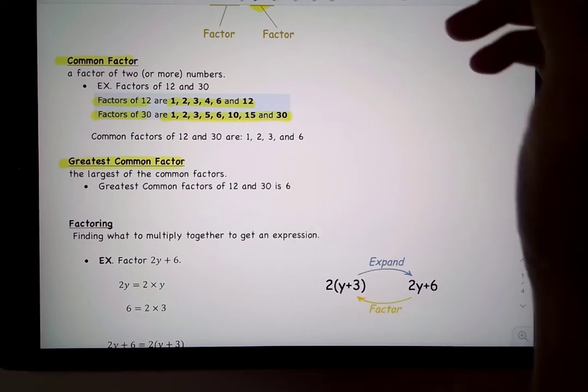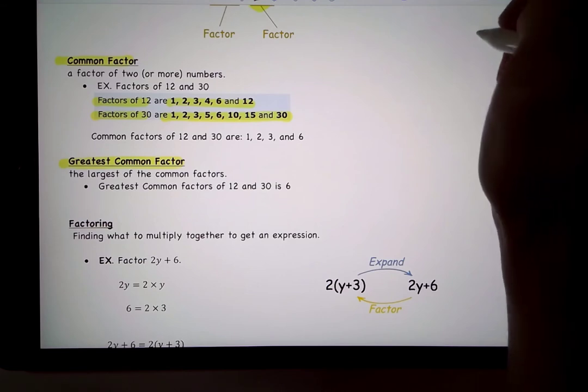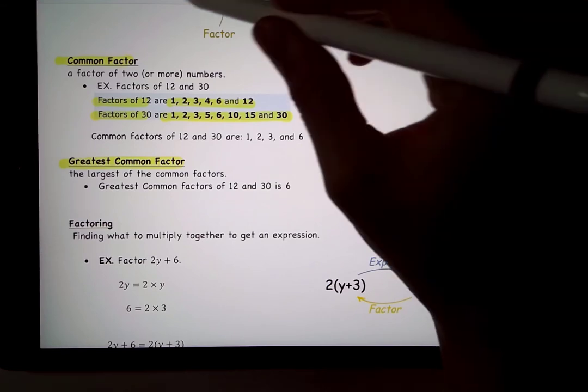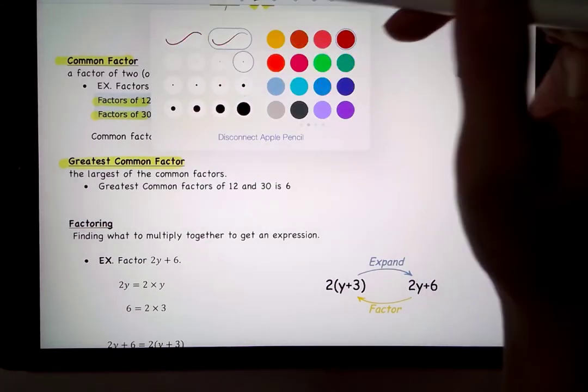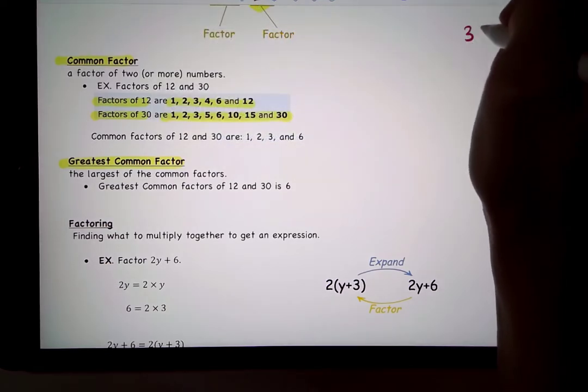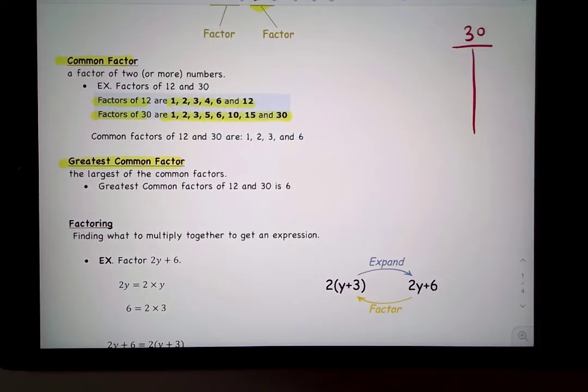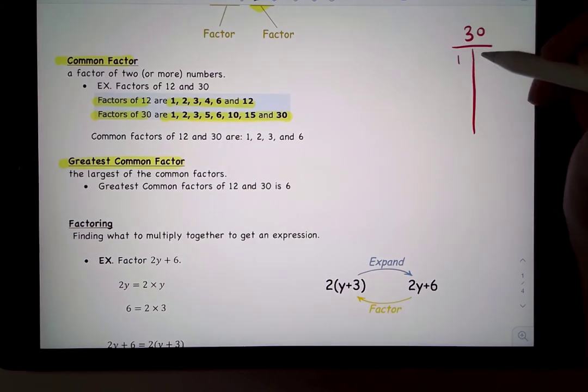Guys, if you don't want to use the factor table, you can make your own. This one is too thick, so you can make it like this, like 30. 1 times 30.